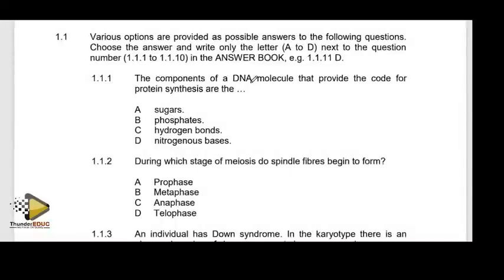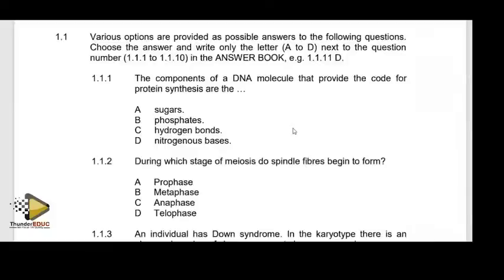The component of DNA molecule that provides the code for protein synthesis. Which component of the DNA molecule provides the code for protein synthesis? What causes this are the nitrogenous bases. What are the nitrogenous bases?